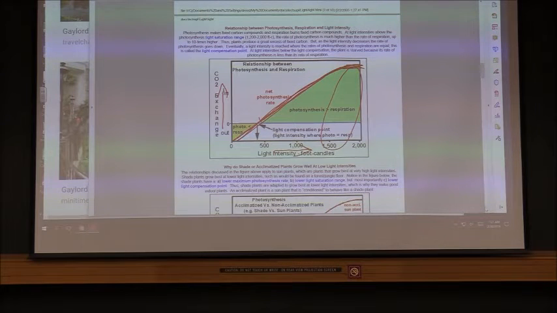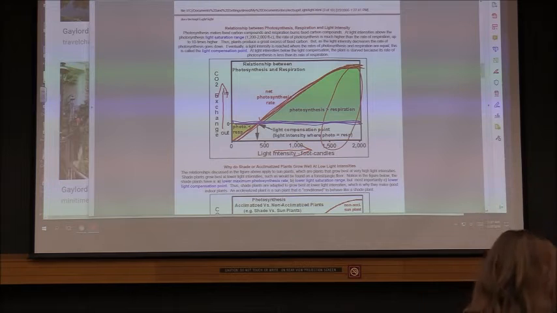What I didn't tell you then was that at the same time the plant is respiring, and it's making food, but it's burning up food. Okay? And this zero line, you could kind of consider the respiration line.